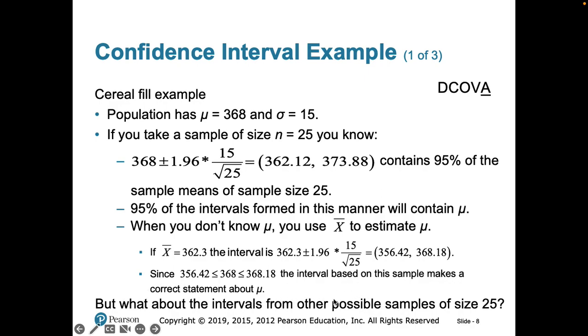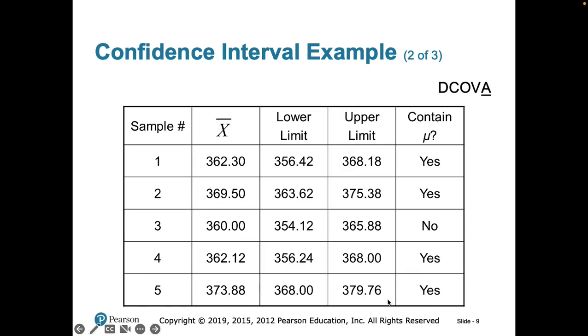So what about other intervals from other possible samples of size 25? And here it is, right? Let's say here's the first sample, here is the mean for the sample. Based on that, if you go back to the formula, you get your lower and upper limit, and this will contain mu. Here is a second example, and again, this will contain mu. But look at number 3 here.